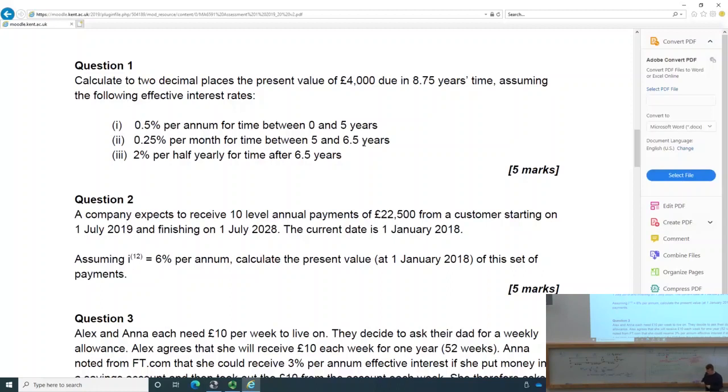Right, so something else here. We had i. Remember d equals i over 1 plus i. And for the annuity, a double dot x equals 1 minus v to the x over d. So that's why I've done this. Okay, good. That gives us our annuity, and that is giving us the present value here.